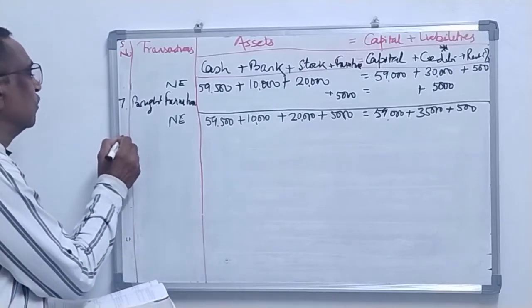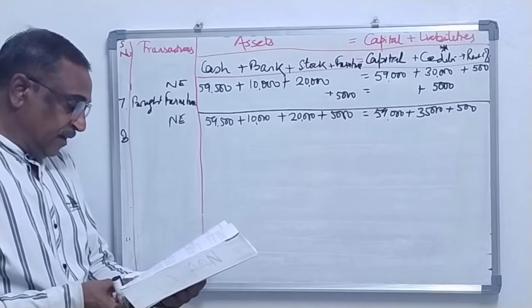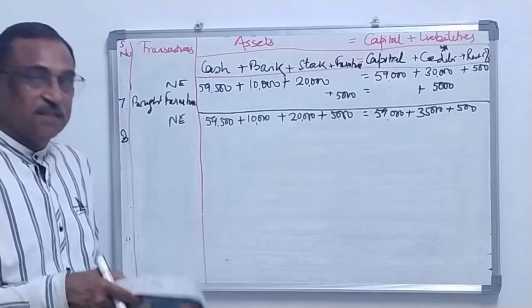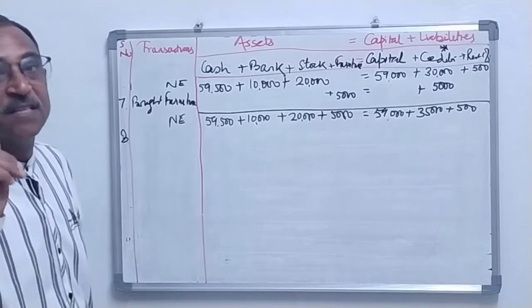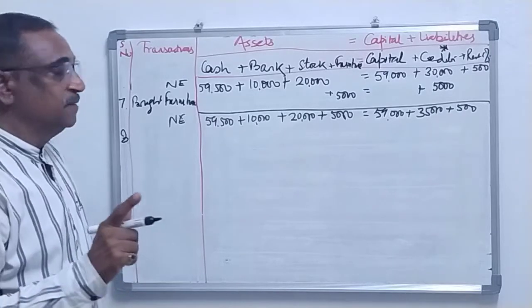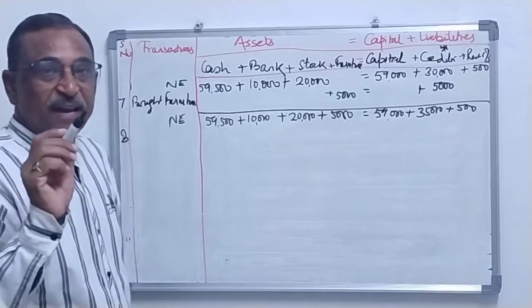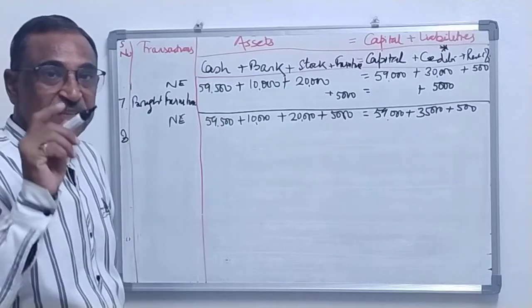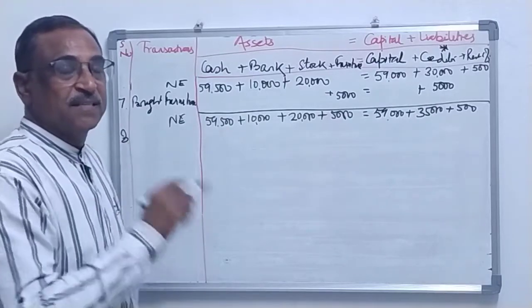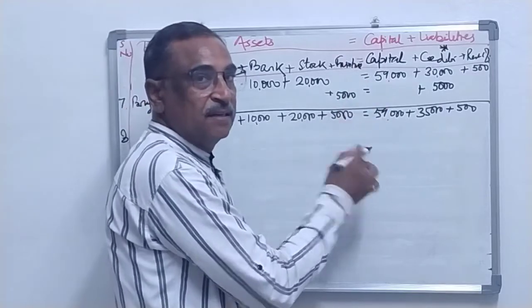Now we move on to transaction number 8. Bought refrigerator for personal use, 5,000. Since you are buying a refrigerator for personal use, anything withdrawn from the business is drawings, and drawings will reduce your capital.